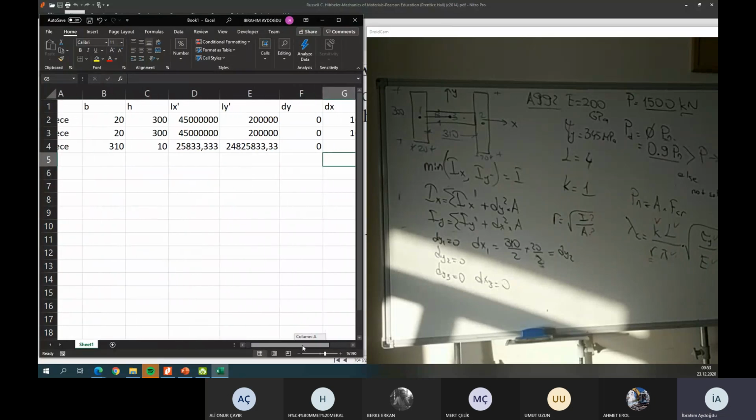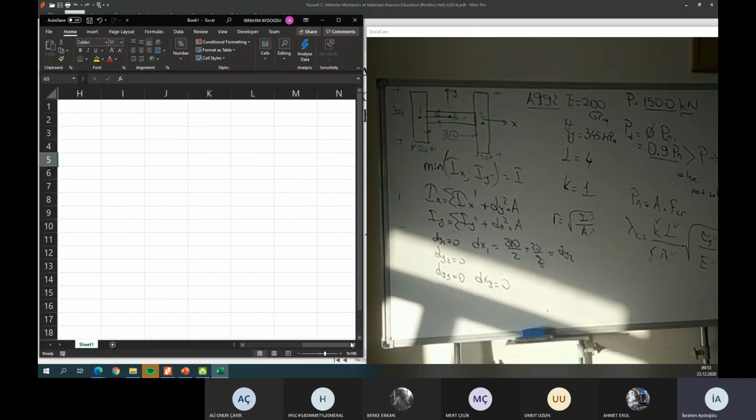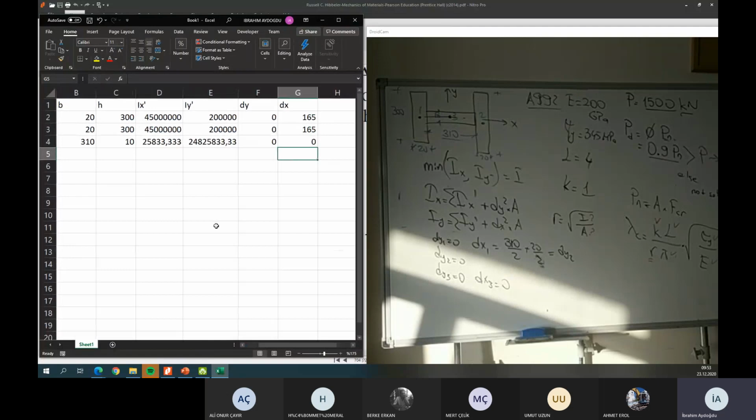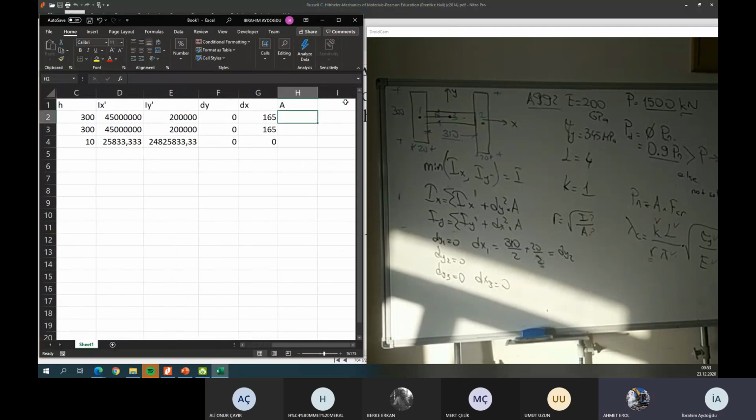Only I need to compute also the area. You know how we can compute the area of the rectangle cross section? It is equal to b times h.